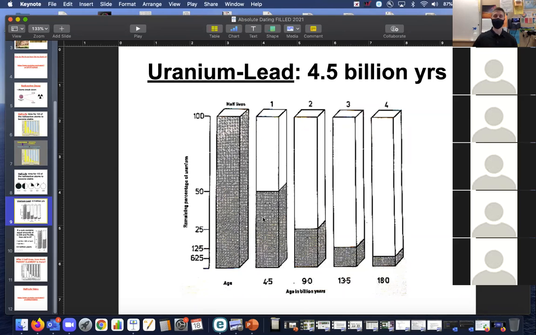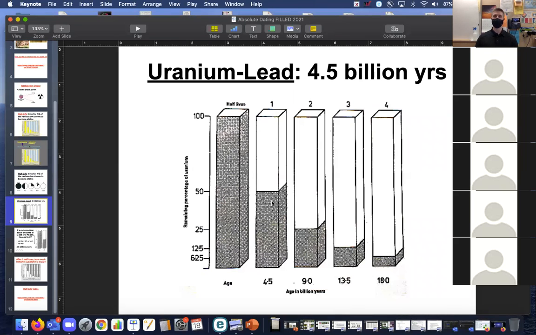So when the Earth first formed, all of the uranium was radioactive, but 4.5 billion years later, only half of it is. Another half-life, and half of that will be radioactive.